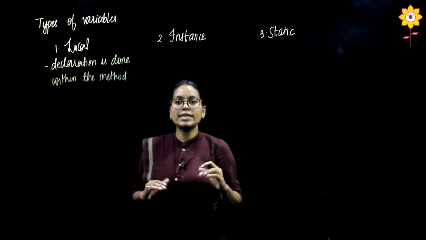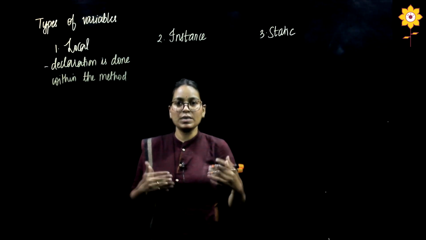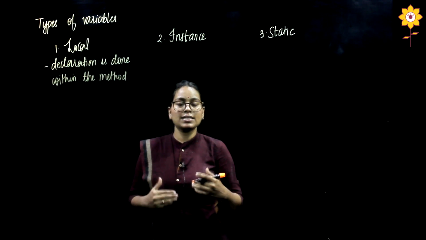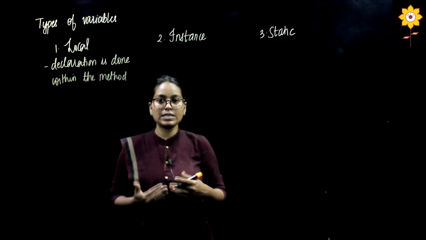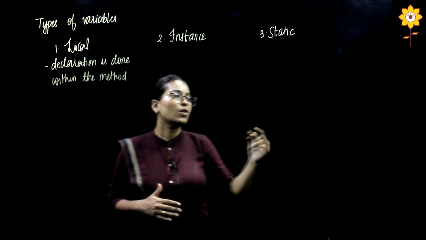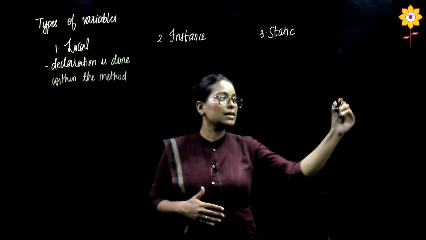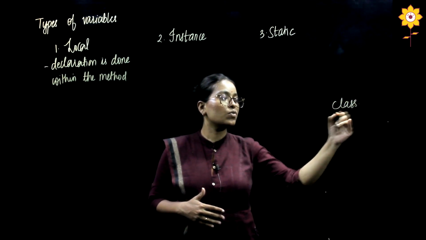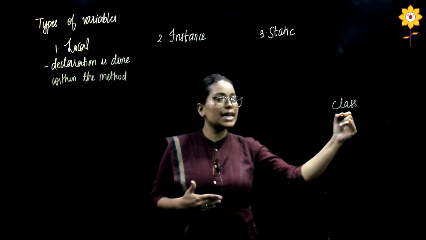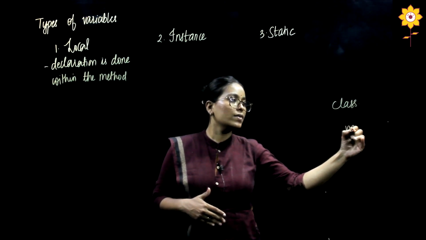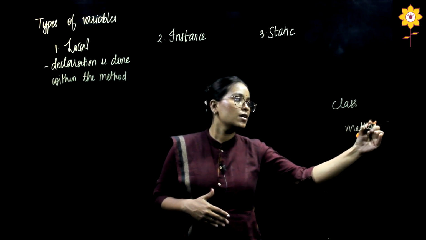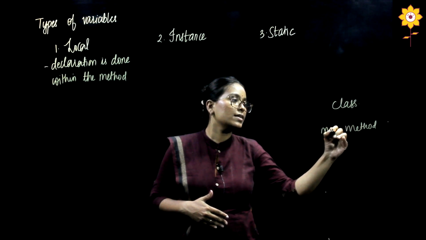Instance variables are declared outside the method, but in the class. Like I told you in the previous video lecture that we have a class, right? We will have a class, and then inside that class we have a method, that is the main method that we create.